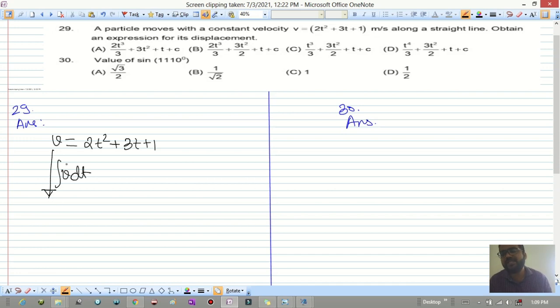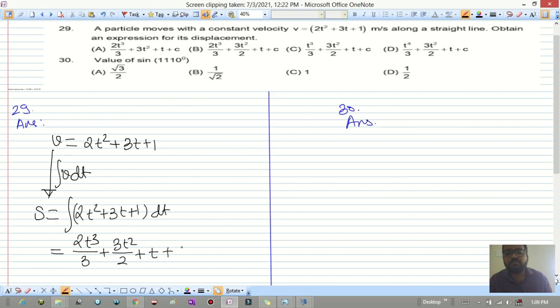If you integrate 2t squared plus 3t plus 1 dt, you will get 2t cube divided by 3 plus 3t squared divided by 2 plus t plus, as limits are not given, constant. Write down 2t cube by 3, 3t square by 2 plus t plus c. So option A is the correct option over here.